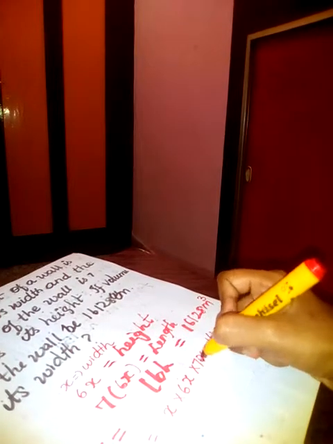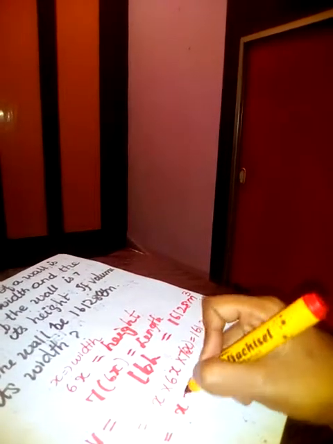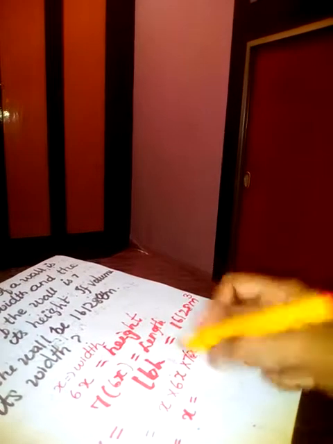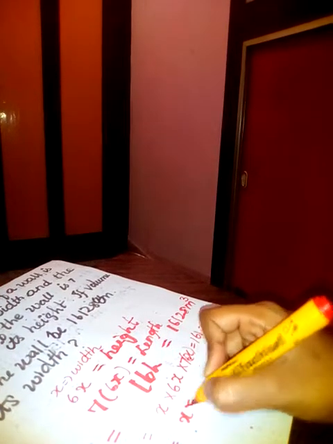see here, 7, 6x. On multiplying all these things, keep x cube on one side. 16128 divided by 6 into 7, that is 42.